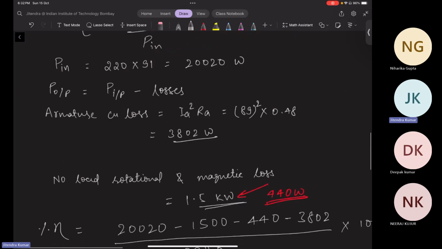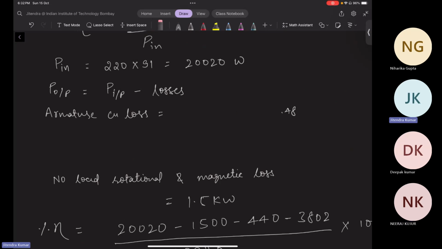Yeah. So now what I will do, I will just replace this. This is 1.5 kilowatt, and this is 89 square into 0.48.